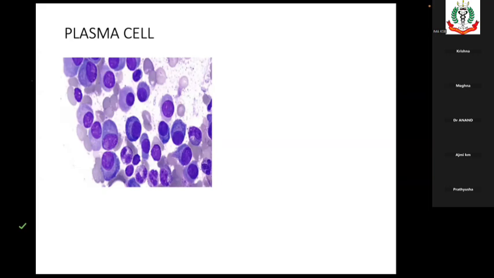This is serum protein electrophoresis to detect what is known as a monoclonal gammopathy in myeloma, because these plasma cells secrete a myeloma protein, and because of the monoclonality of these plasma cells, it's called a monoclonal gammopathy. We get an M band in the serum protein electrophoresis. So learn about multiple myeloma also in detail.